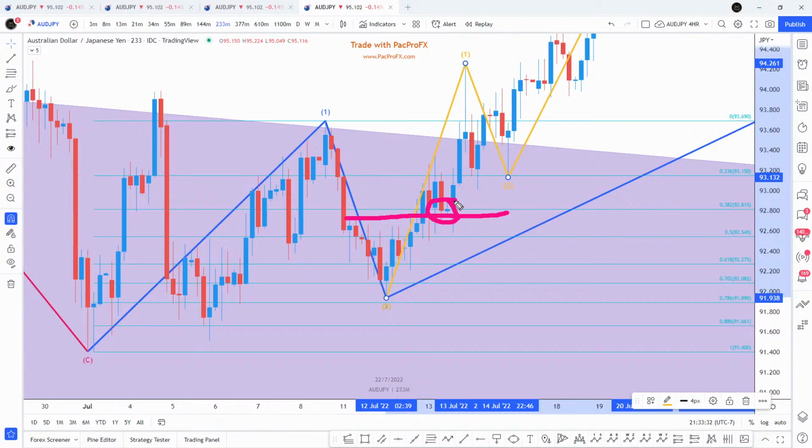Don't get into it right away, because you would have felt a little bit of heat here anyway. Just be a little patient, and then you'll see impulsive moves up. When that happens, you're done.